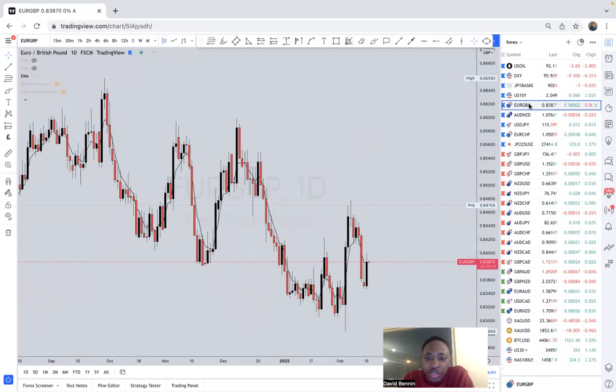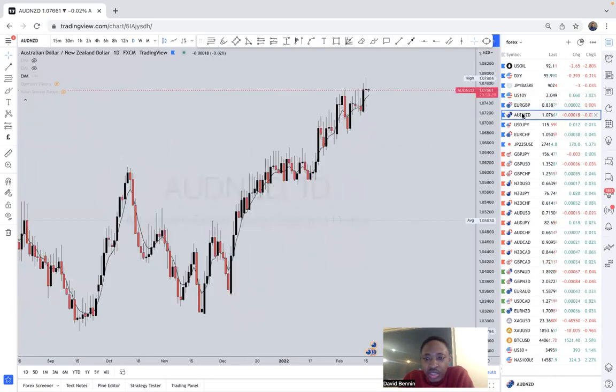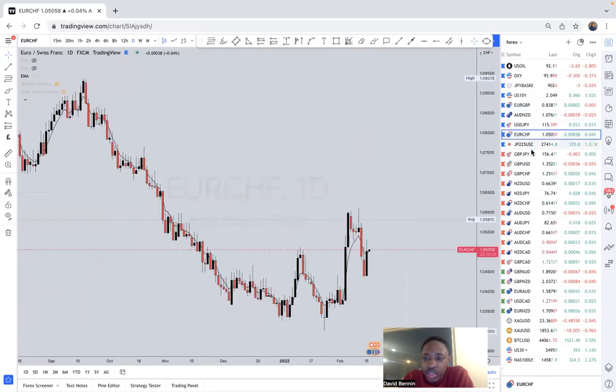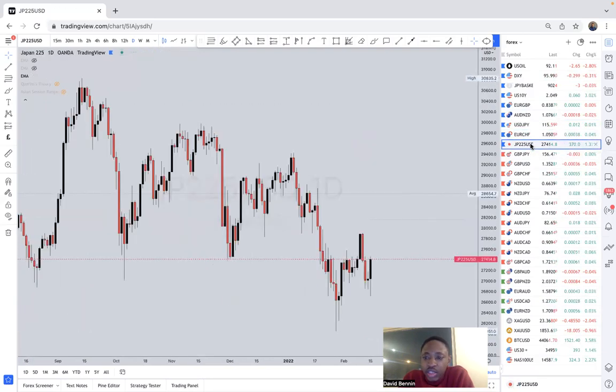We'll look at EURAUD, GBP, AUDNZD, USDJPY, EURCHF, JP225, and depending on other structures that have some sort of opportunity in the market, we would add all those structures to it.